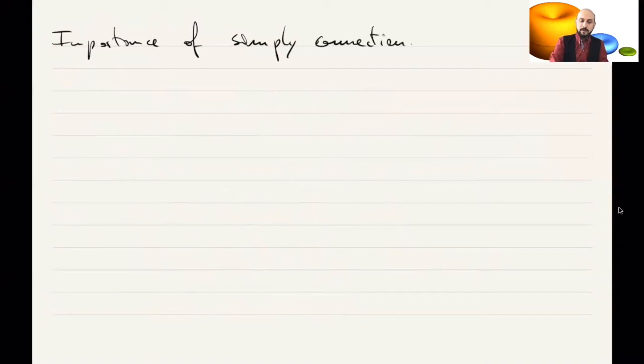So let me comment a little bit on the importance of having a simply connected Lie group. The first thing, as I said, is the fact that there exists a unique Lie group G with Lie algebra 𝔤 equal to G.